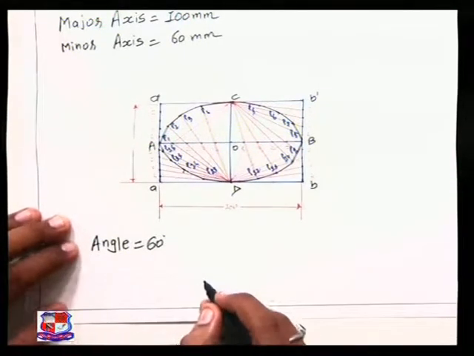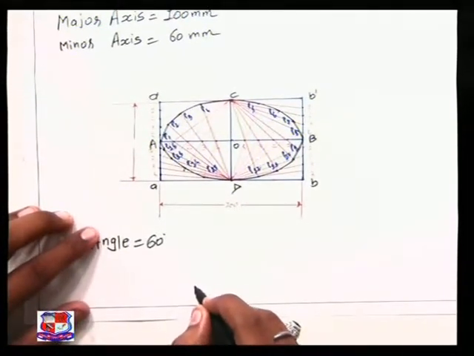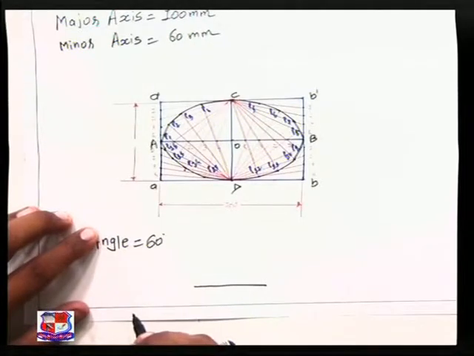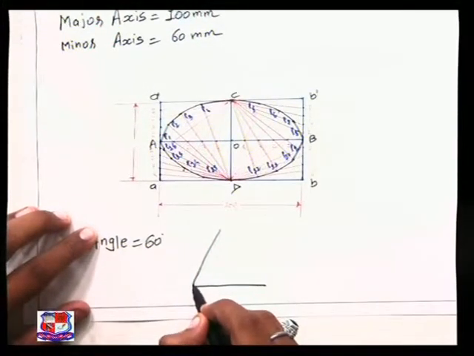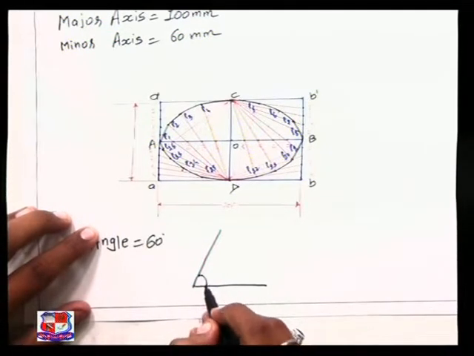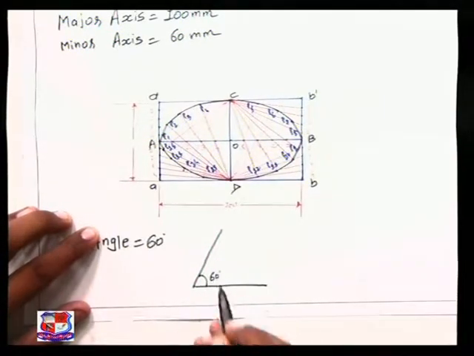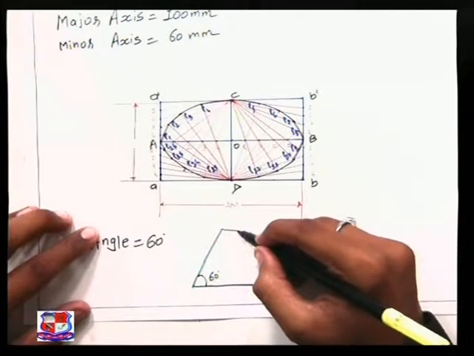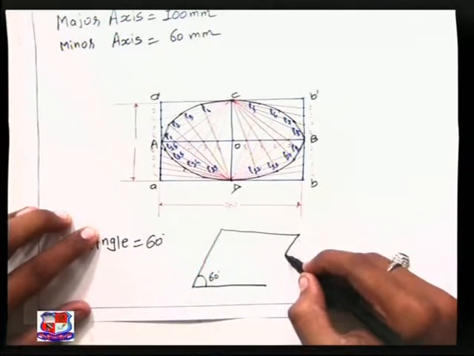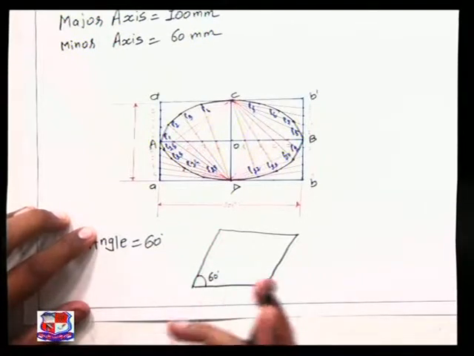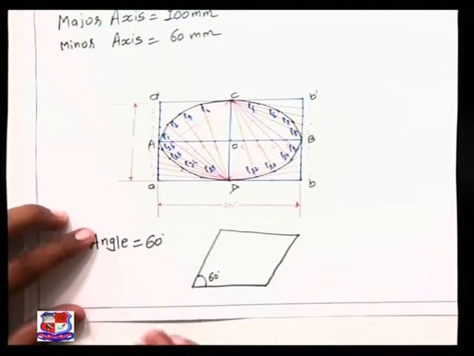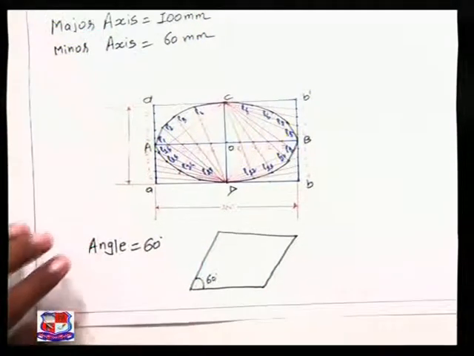So what you need to do is draw a horizontal line first and then make a line at 60 degrees. Your rectangle will be like this. The whole procedure will be the same apart from this.